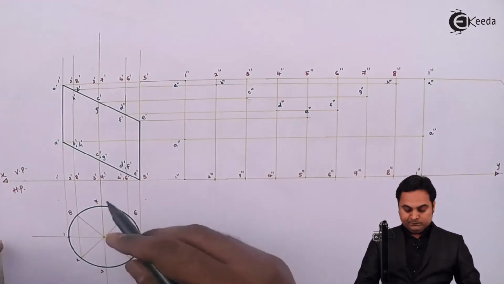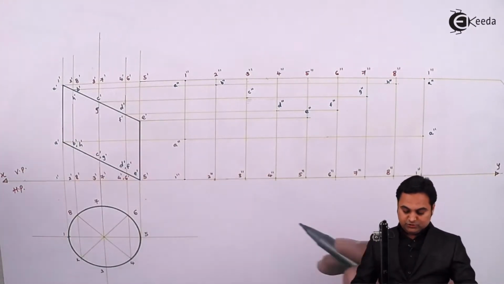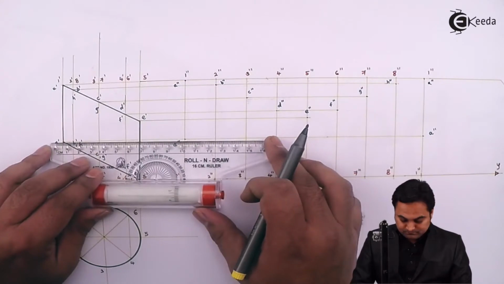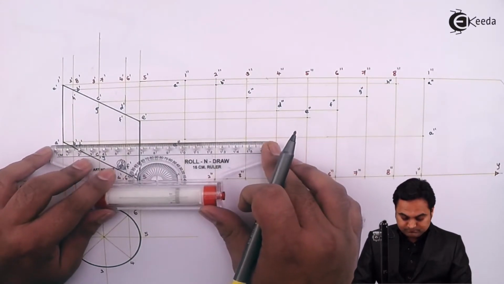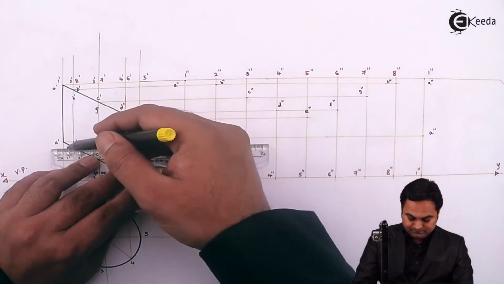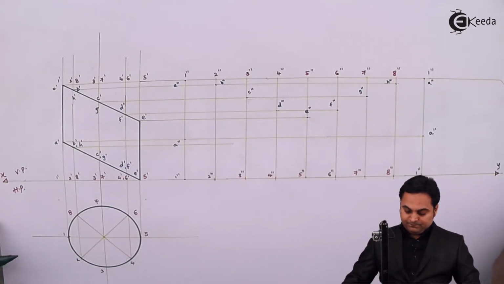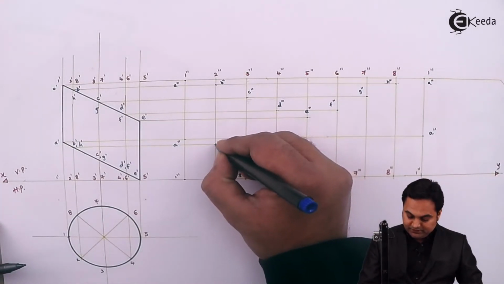Then again B dash, which is cutting 2 dash 2 dash, so projecting it with the help of a light line, where it is cutting 2 double dash 2 double dash, that will give me the point B double dash.